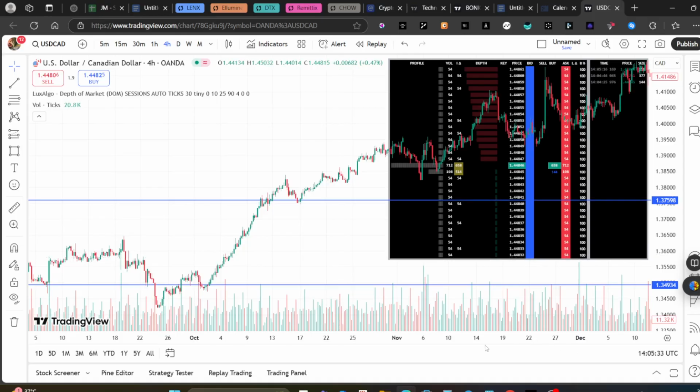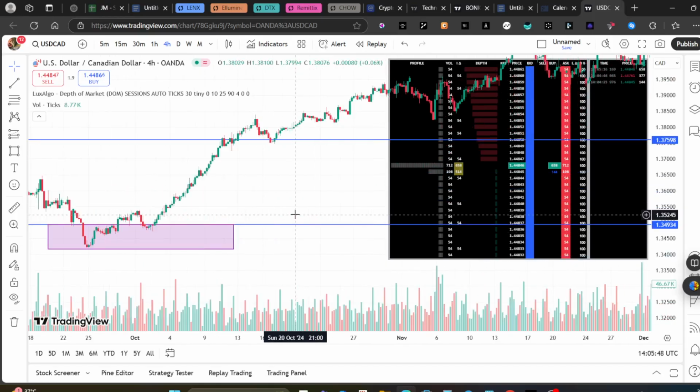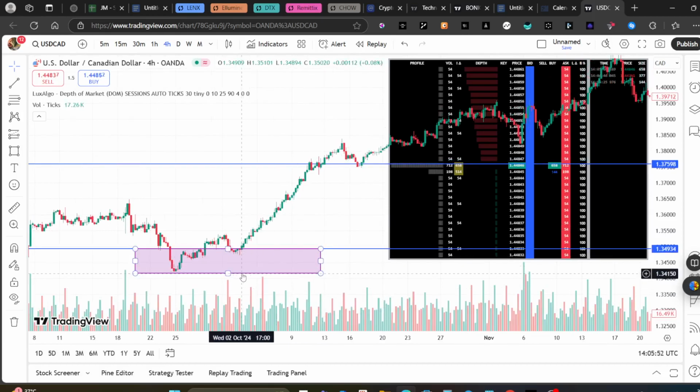For example, if you see a stacked buy imbalance at a key support level, it means buyers are stepping in aggressively and price is likely to push higher.